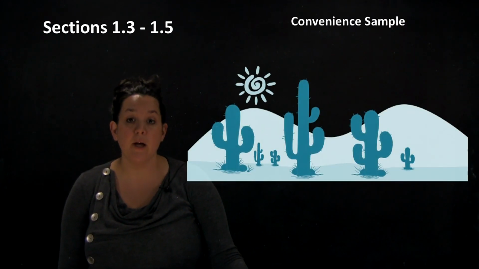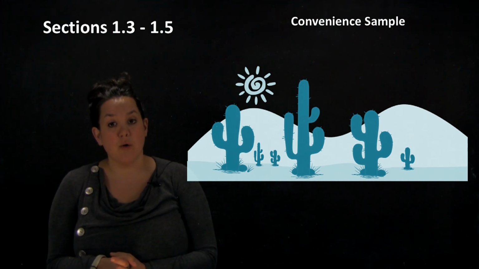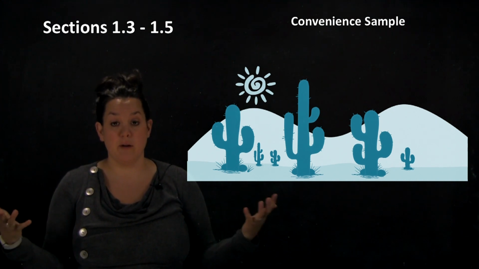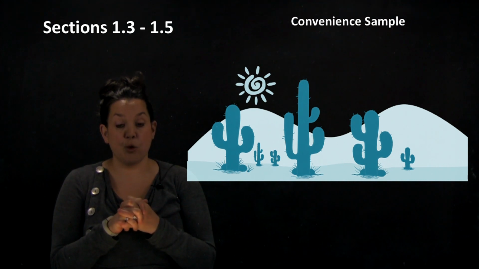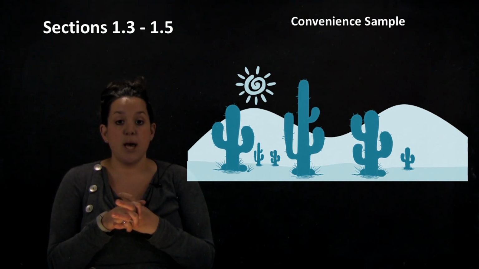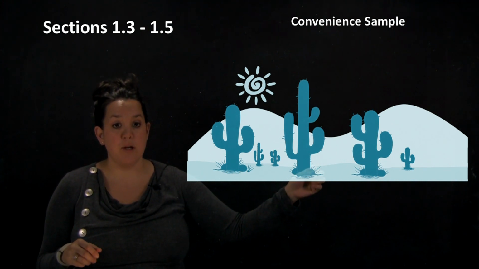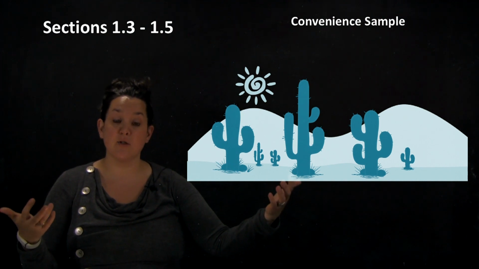Another sampling method that is sometimes used is what's called a convenience sample. So convenience, just as it sounds, the sample is chosen based out of convenience. So let's say that I was interested in doing soil samples for the desert. If I were to use a convenience sample, I then would be trying to get to locations where I actually could access the soil.